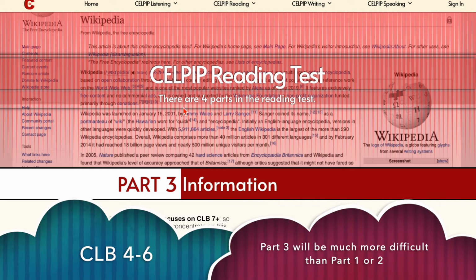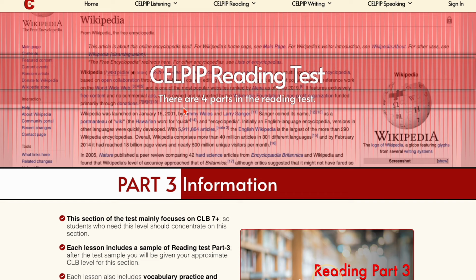But at the same time, you don't need to get so many points in this part or Part 4, because for lower levels, you need to get most of your points in Part 1 or 2, because those parts will be easier. So again, more focus for higher levels in Part 3.